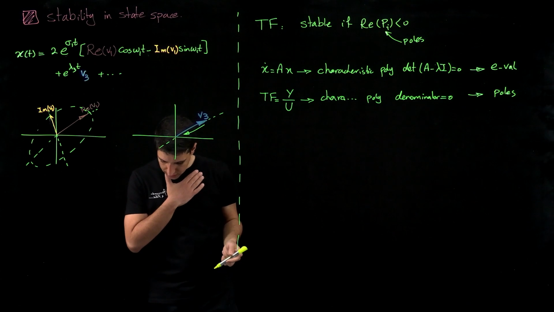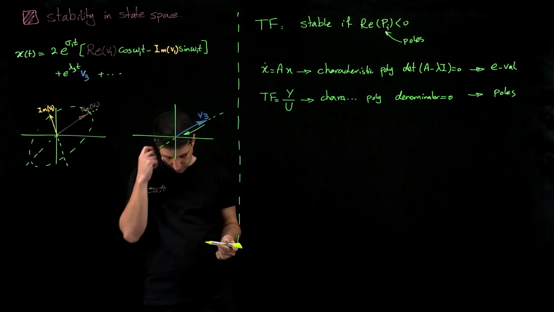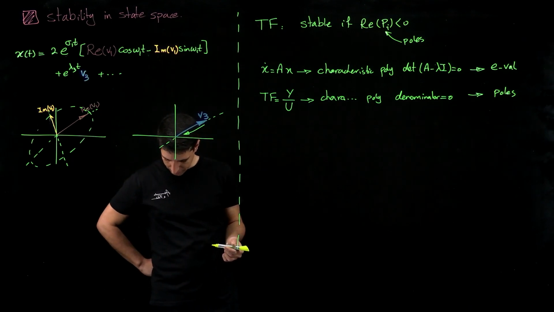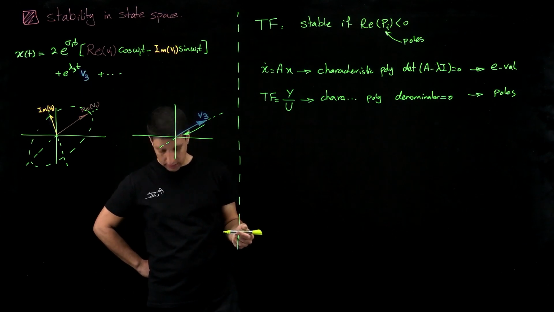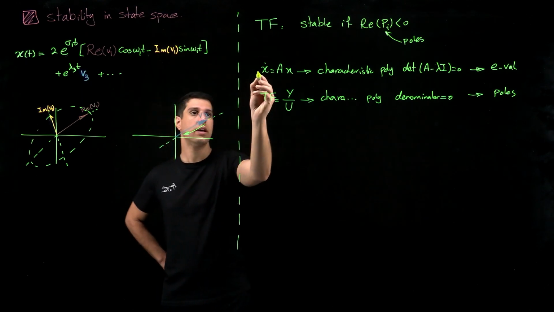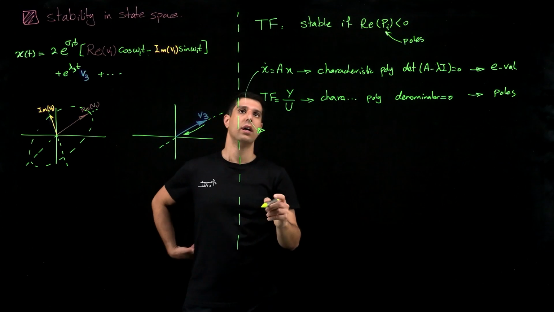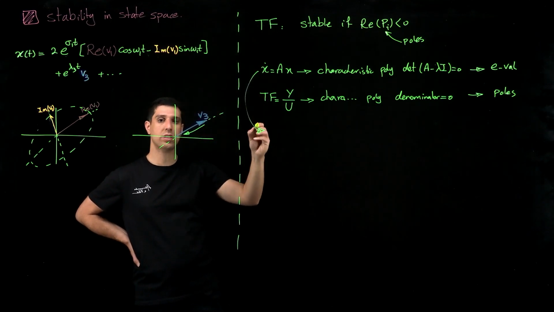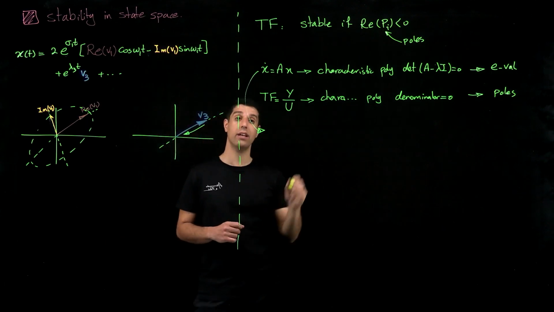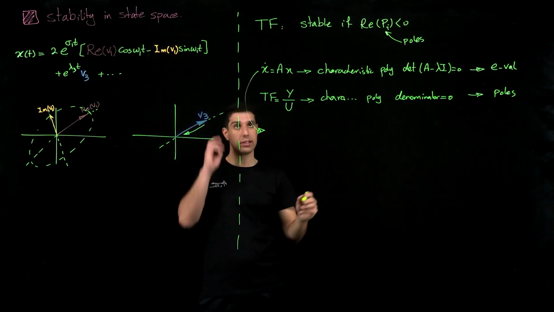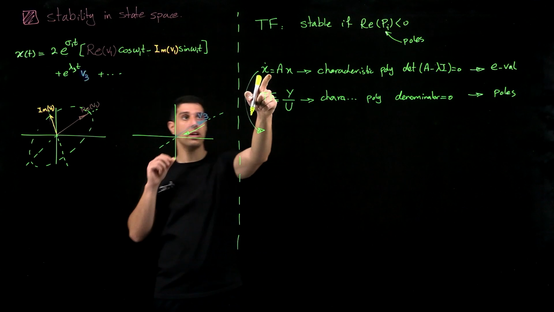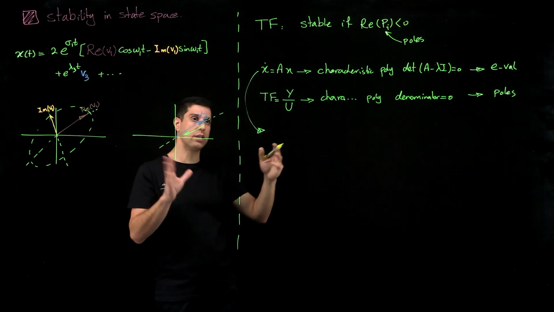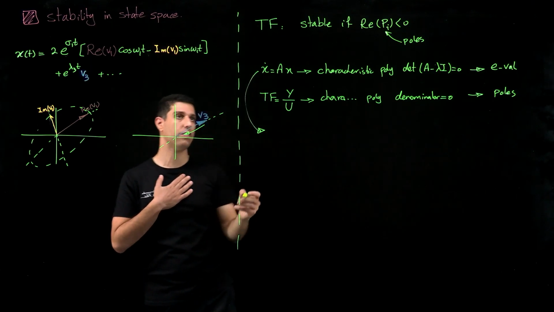Maybe if you want to see it a bit more mathematically, let's start with this. I can take this as a vector of x dots, a constant matrix A times a vector x. So I can take the Laplace transform of individual lines of that set of equations.